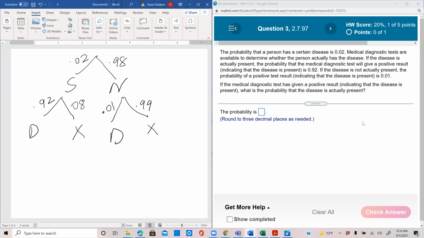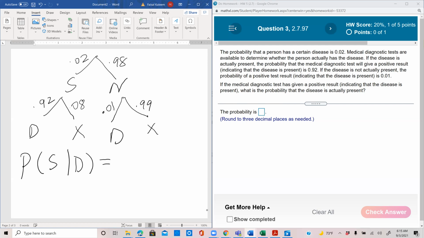The disease present is the person being sick. So we have to find the probability that the person is sick given that the diagnosis is positive. The if is the given. A positive result means the person is diagnosed with the disease, so we have to find the probability of sick, given diagnosed.